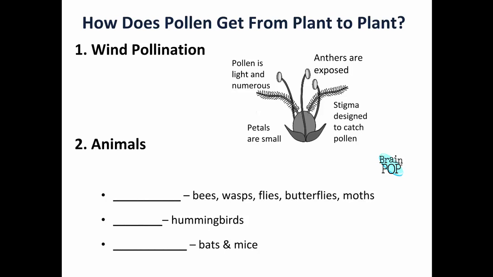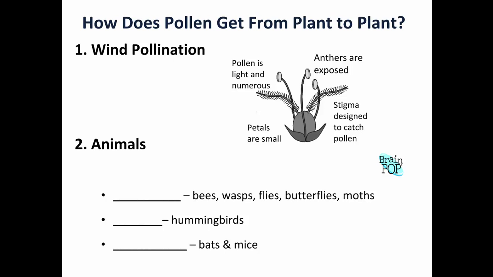You need a lot to find those female flowers. All right. The other factors, usually the anthers are exposed and kind of poking out so that the wind can hit them. And the stigma often have little things to catch the pollen as it's blowing by. You see this feathery sort of stigma.